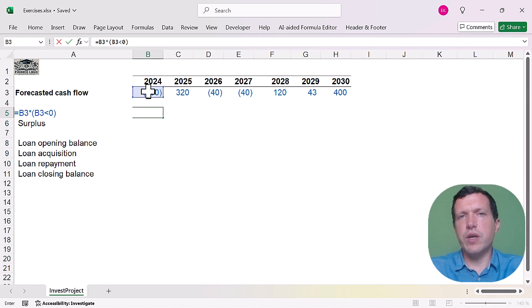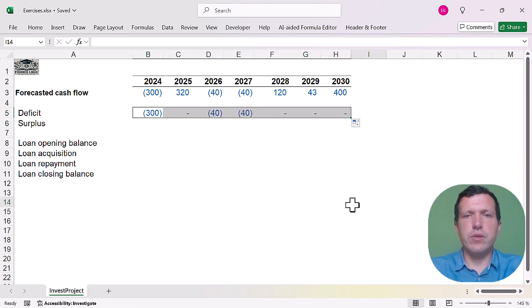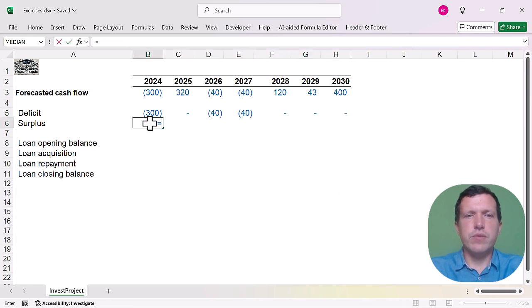Or you can use function min if you want. And as a result I'm going to get only negative numbers. And for surpluses I'm using the same logic. I'm referring to line 3 and multiply it by condition that our number is positive.